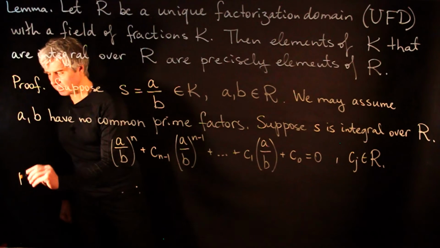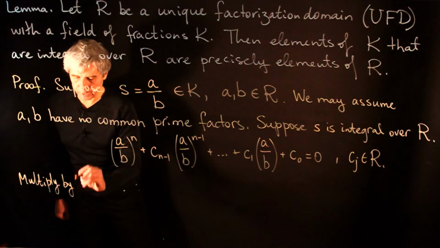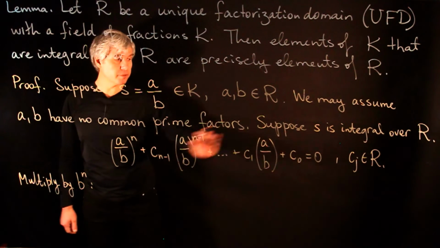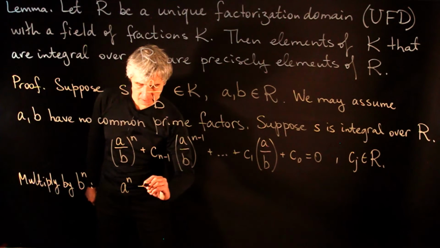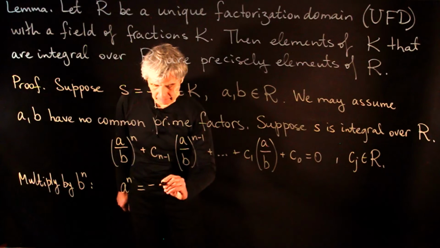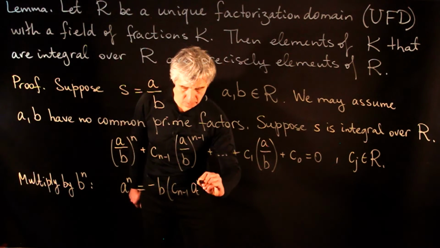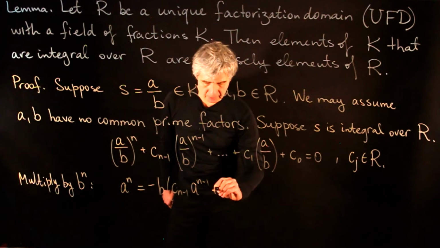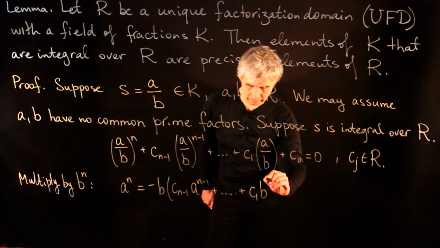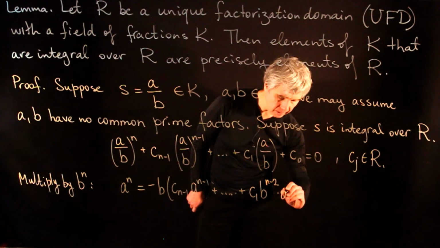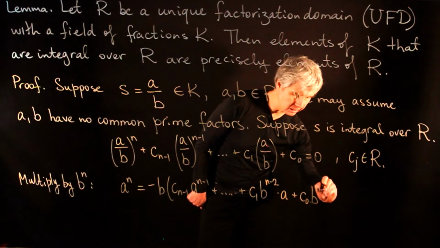Then if we multiply by b to the power n and move the tail to the right hand side, then we get a to the power n is equal to minus b times (c_{n-1} a to the n minus 1 plus ... plus c_1 b to the n minus 2 times a plus c_0 b to the n minus 1).